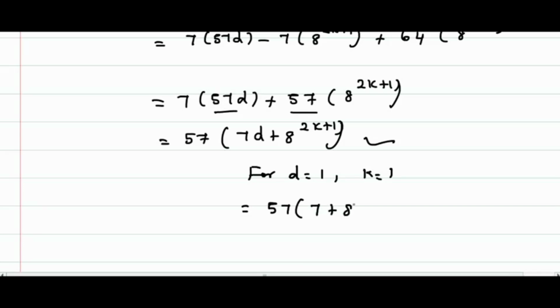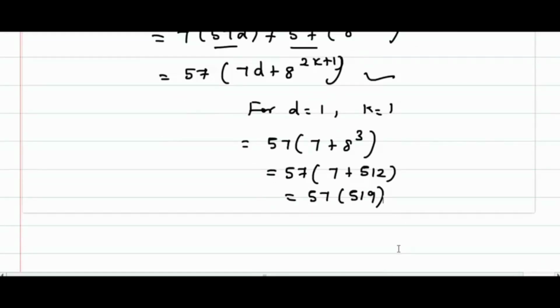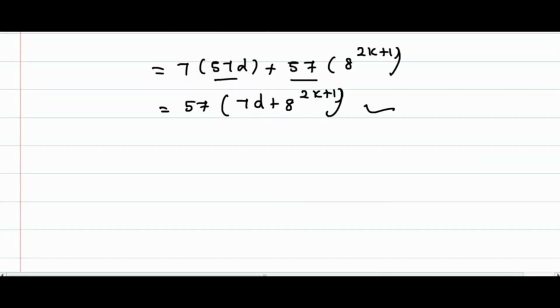So 57 into (7 plus 8 power 3). What is 8 power 3? It is 512. So that is equal to 57 into 519. If you multiply 519 by 57, you get an answer that is divisible by 57 only.